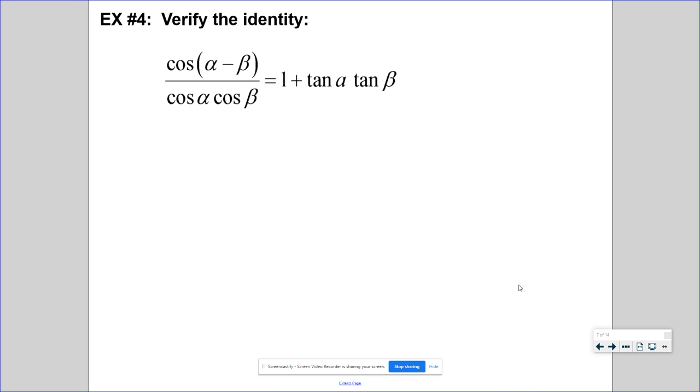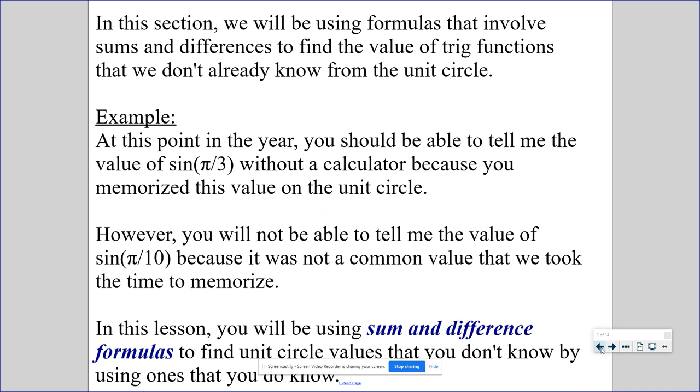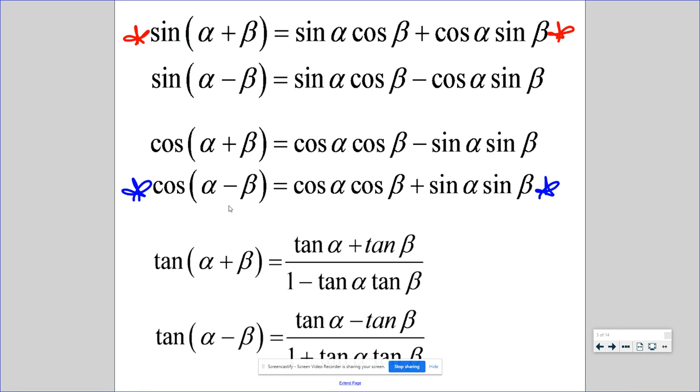Okay, so let's apply these formulas in a proper manner. So this is like your trig proofs that you did in 5.2. Remember, the goal is to make the left side equal the right side. So we're going to start here on the left. And we're actually going to start at the very top and change the top to a difference formula. So you're going to go back to your list of formulas, and I think it's that fourth one down again.